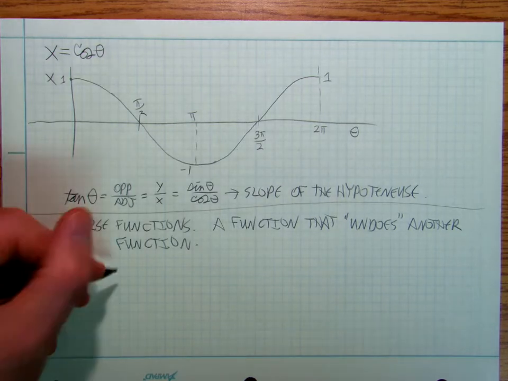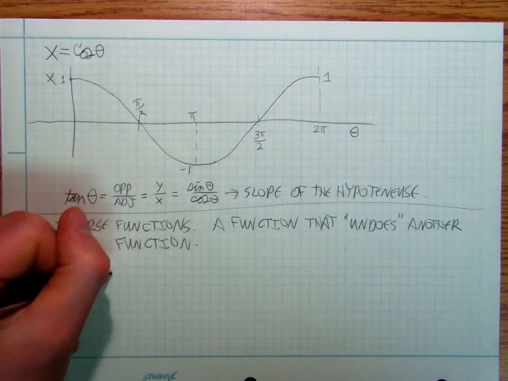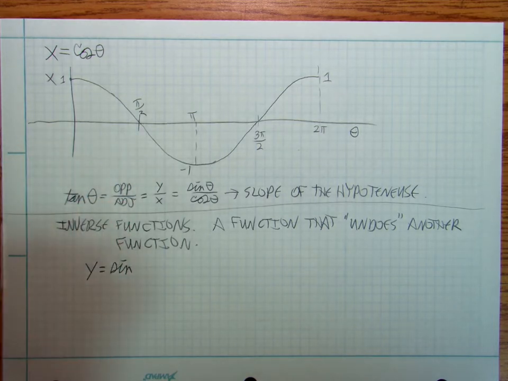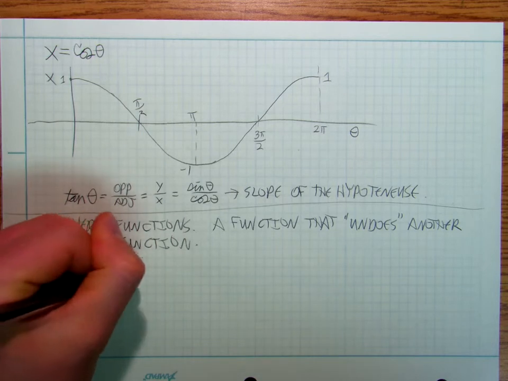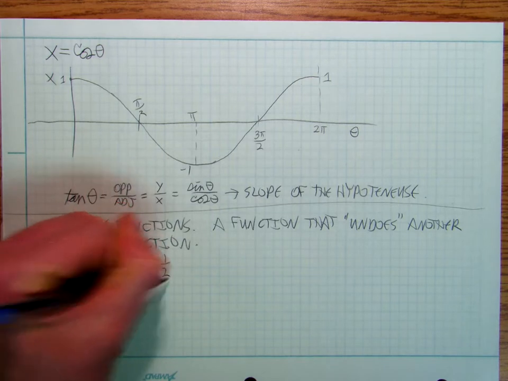So suppose I've got y equals the sine of pi over 6. What is the sine of pi over 6? Well, you guys should know what the sine of pi over 6 is. It's 1/2.